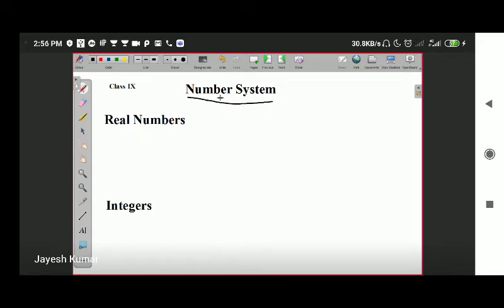First of all, we have real numbers. So, what are real numbers? You have to write down the definitions as well in your classroom copies and do the remaining exercise in your homework copy.